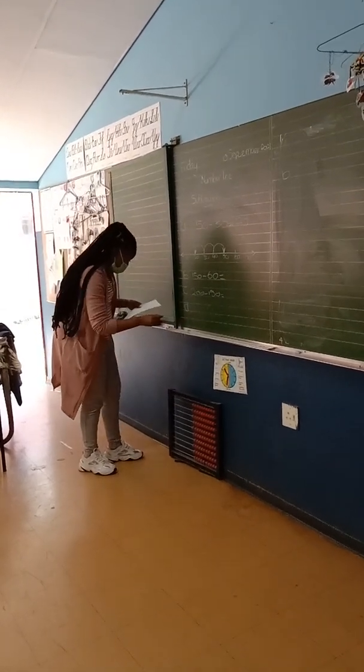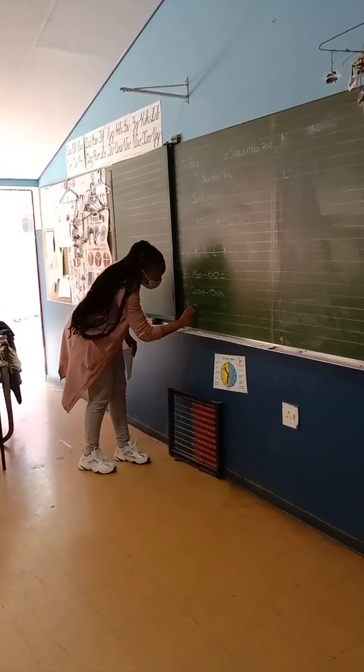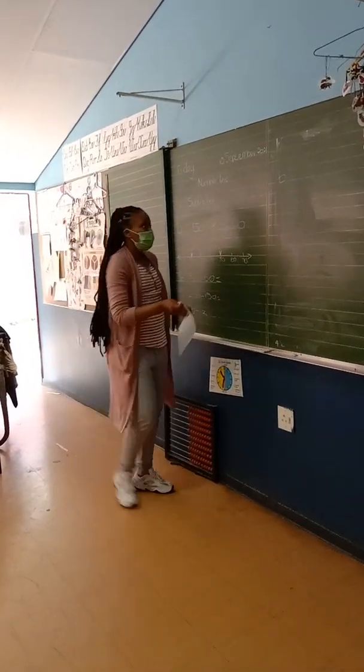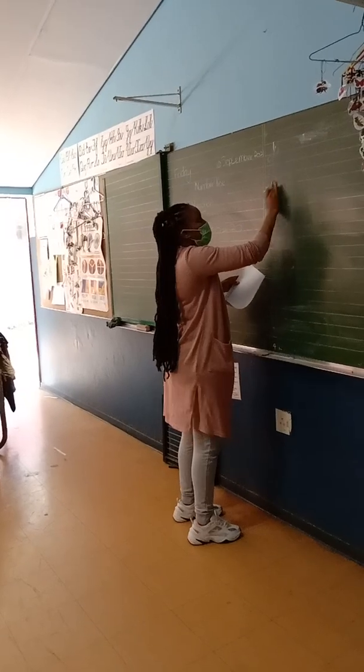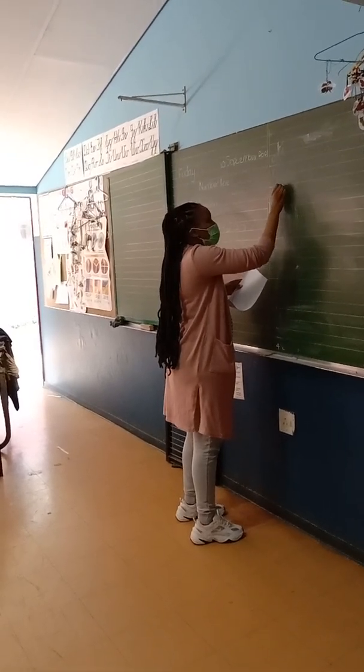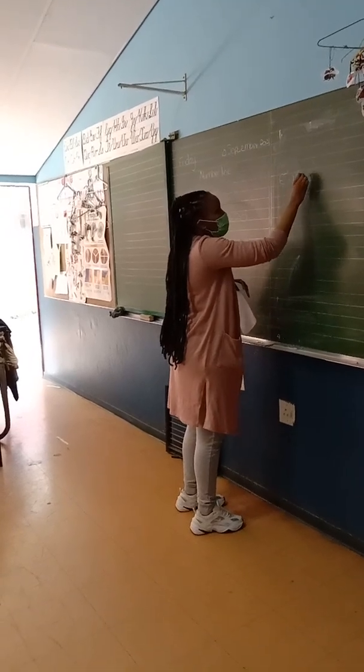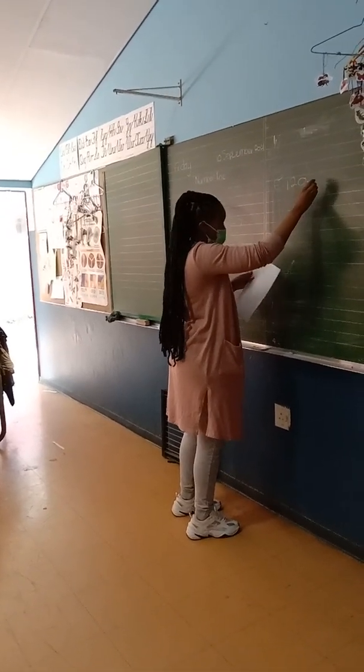D is 10 minus 2, and then E is 120 minus 7.